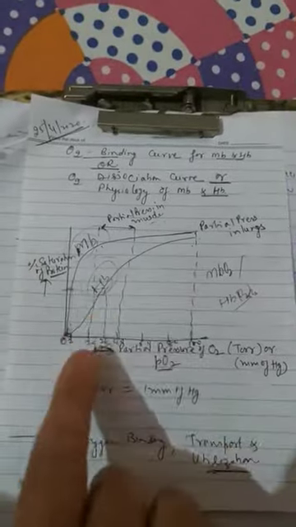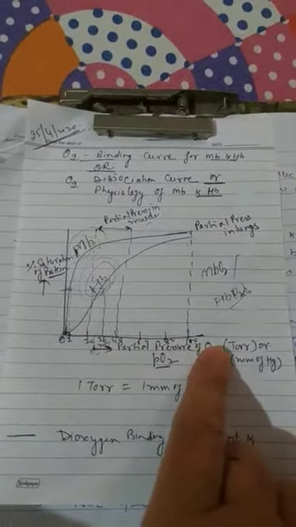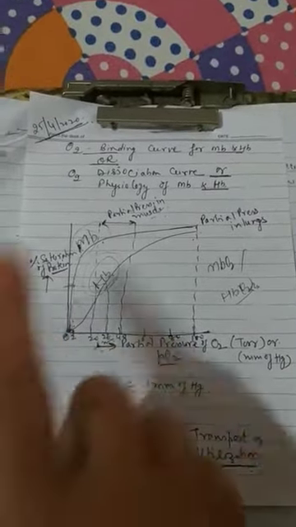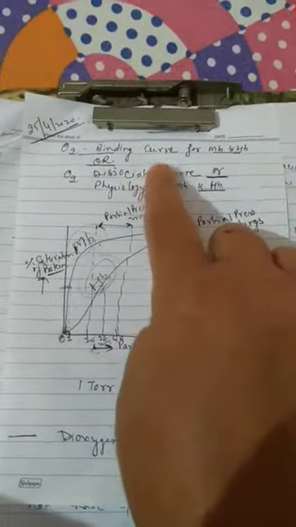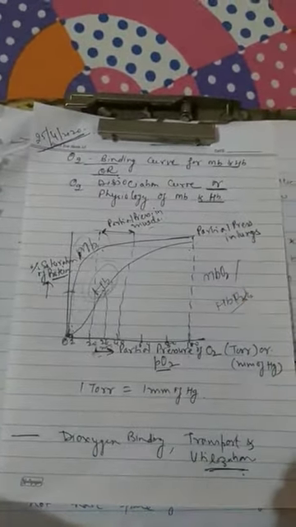So remember, the same curve can be used both for binding and dissociation. If we move on the right side of this curve, this will be showing the binding tendency of the two proteins towards oxygen, and if we move on the opposite side, on the left, this will be showing the releasing or dissociation tendency of the two proteins for oxygen, right?